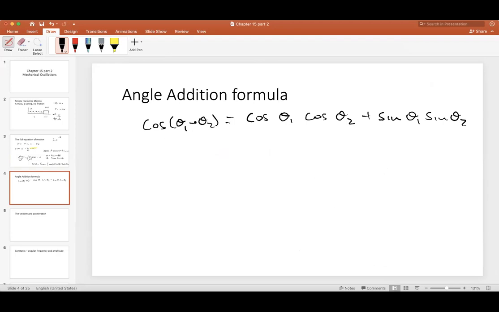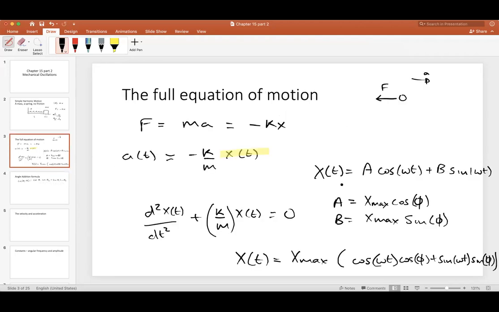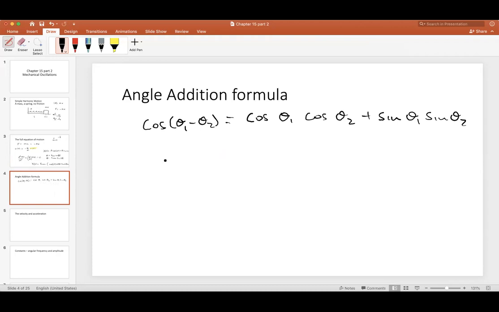If these were sines, it would be positives, with different orders to the functions, but that is this one. So when we look back, we can see that x of t is going to equal x max times cosine of omega t minus phi, where phi is a phase angle.